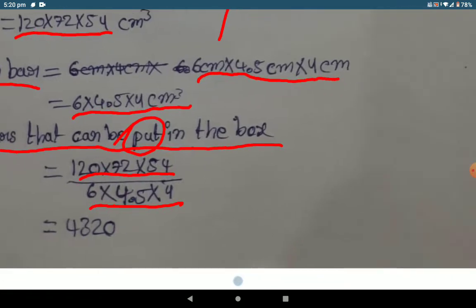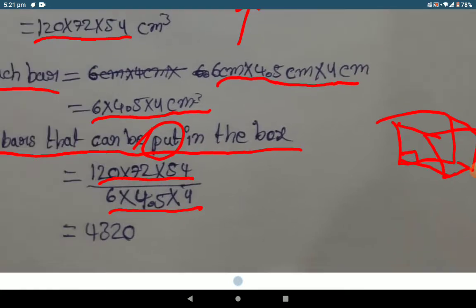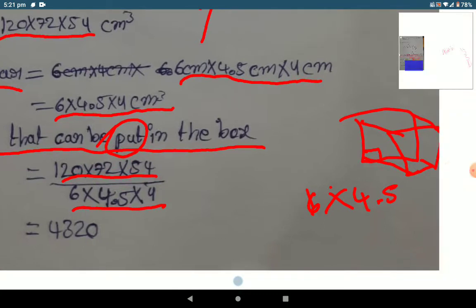Now why are we doing this? Because this is a cuboid, right? Each bar of soap measures 6 into 4.5 into 4.